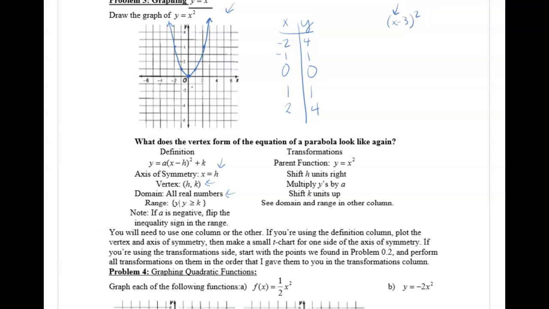And then if I have plus k on the end, I am going to shift k units up. If it's a minus k, I'm going to shift my entire parent function down k units. And again, domain and range, see in the other column, it's right here. Cool.